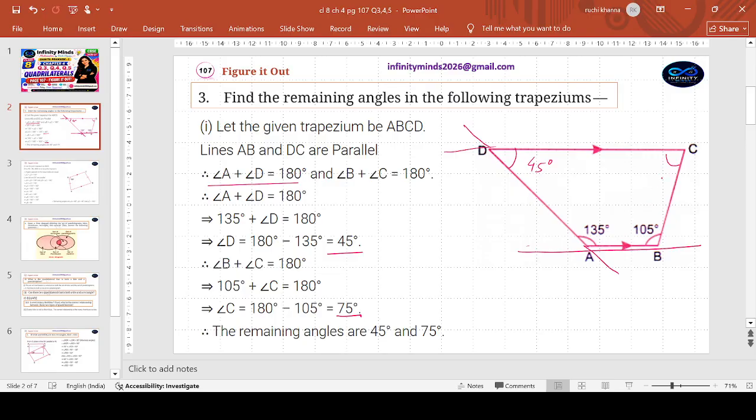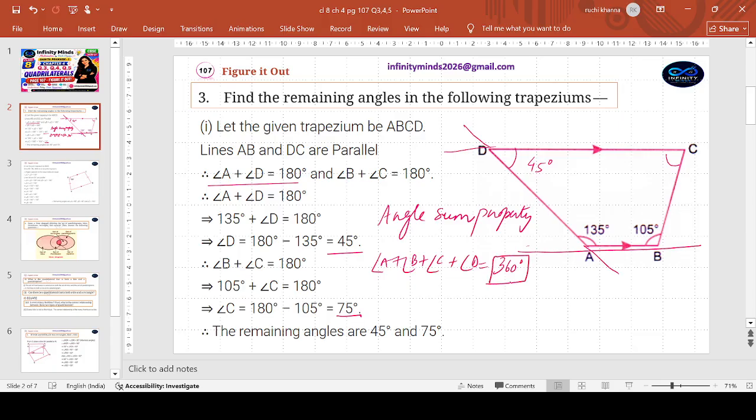repeat, apply your rule of co-interior angles being supplementary with B and C as with A and D, or else once you have the value of three angles in a quadrilateral, using the angle sum property of a quadrilateral, we can get the sum of the four angles, angle A plus angle B plus angle C plus angle D, to be 360 degrees.